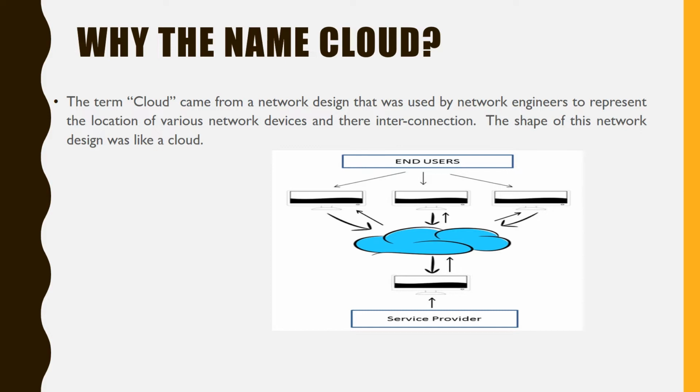There are different types of service providers in the world, and they gather together under a cloud. They provide their services under the same network, and this network was named as cloud. So the architecture of this type of network was something like a cloud.